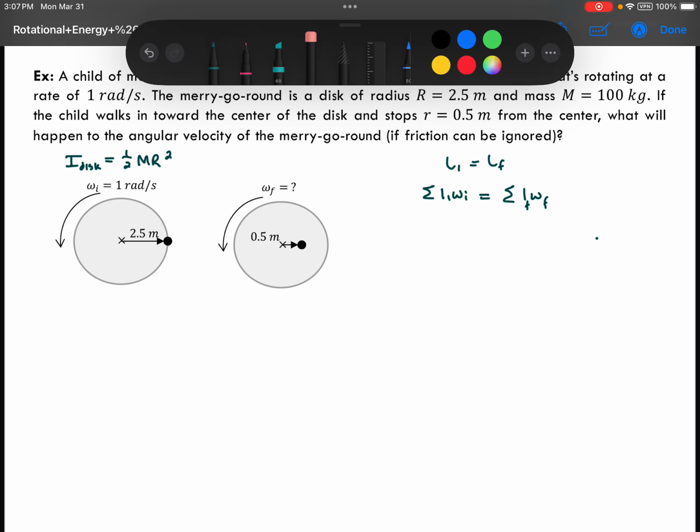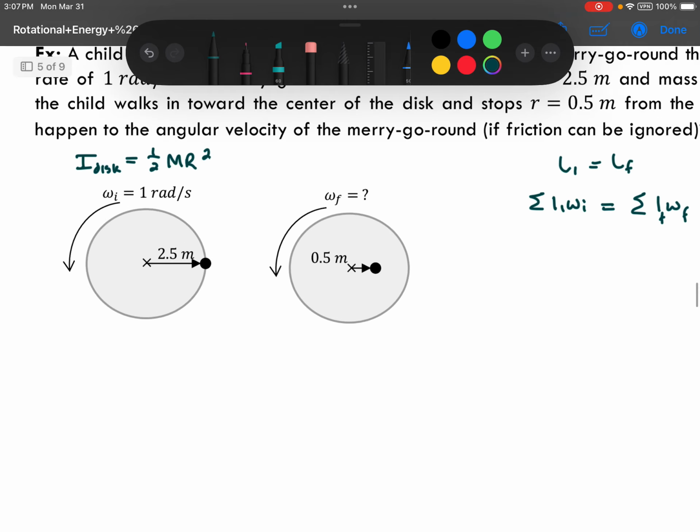In this case, the merry-go-round itself is rotating, but the child is rotating on the merry-go-round as well. So technically, we have two objects that are rotating and have angular momentum. I went ahead and wrote this in.